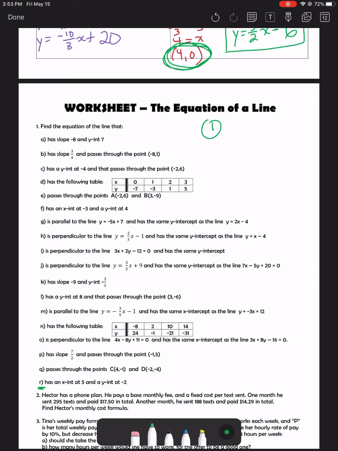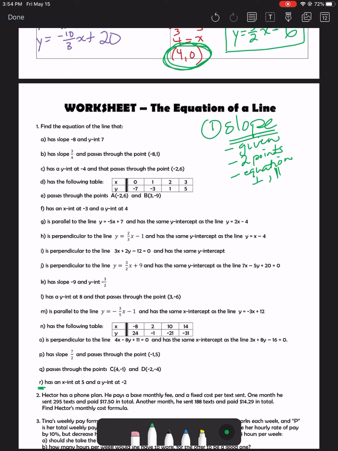You need to know the slope. That's number one. Either it's given to you, or you have 2 points and you calculate the slope from those 2 points, or they tell you something about another equation, either perpendicular or parallel.